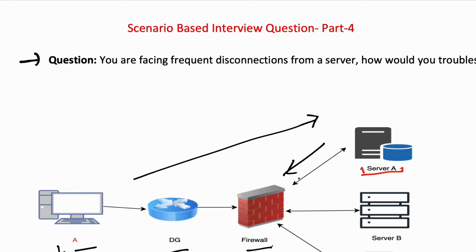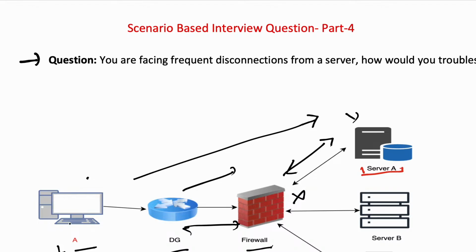If I'm getting issues in all three, then the possible reason could be this link or server A. This is a very good thing, and I am asking you guys to note this down. If I'm getting issues while pinging continuously from the default gateway, but not from the firewall, that means there is an issue with this link.